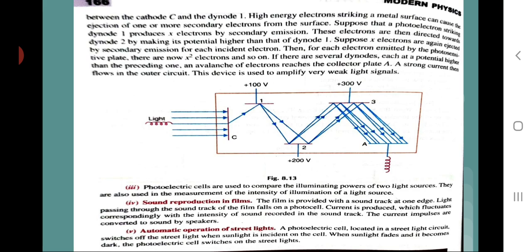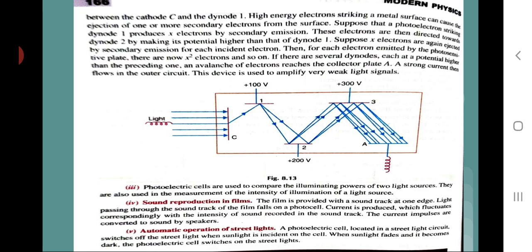The film is provided with a soundtrack at one edge, and the light passing through the soundtrack of the film falls on the photocell, and a current is produced which fluctuates correspondingly with the intensity of sound recorded in the soundtrack. The current impulses are converted to sound by speakers.